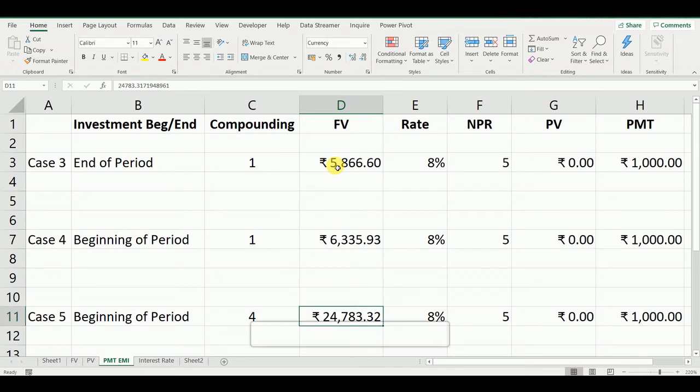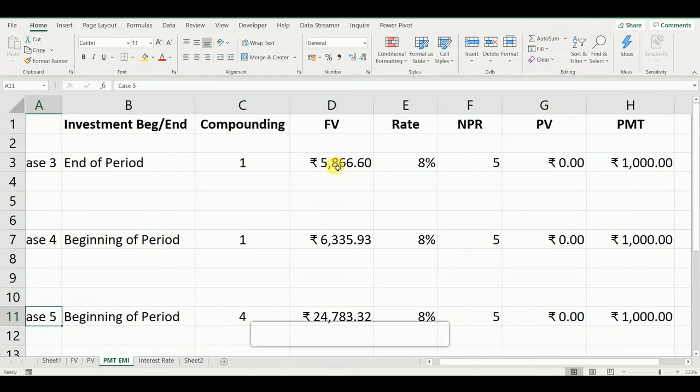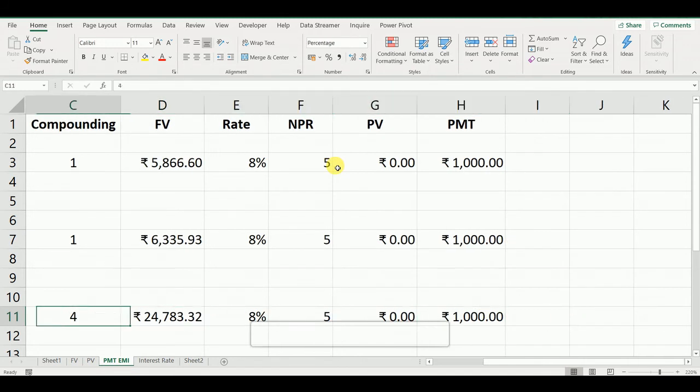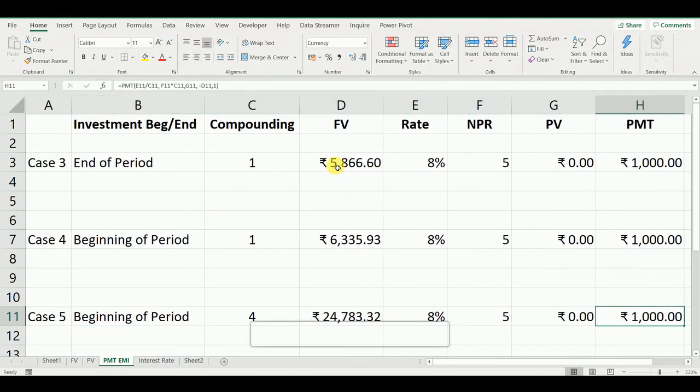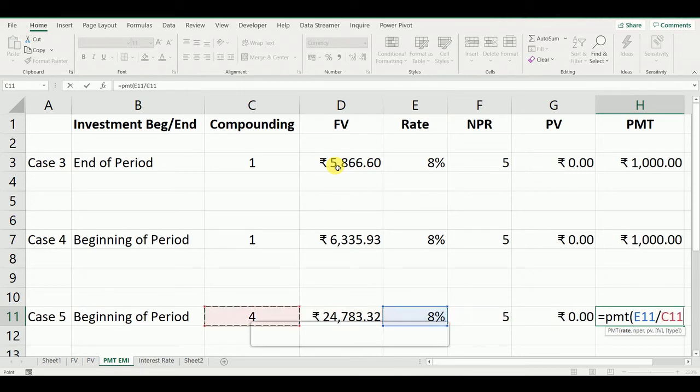Now in this case our compounding is quarterly and we want to get 24,783 and we have to invest at quarterly intervals. So here we will give the formula PMT is equal to, PMT meaning monthly or quarterly payment. So here PMT, now rate divided by compounding, because this rate is yearly. Now number of periods, we have to give years into compounding as we have to give quarterly payments.